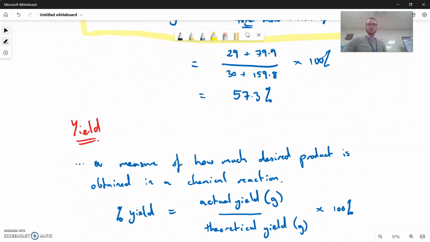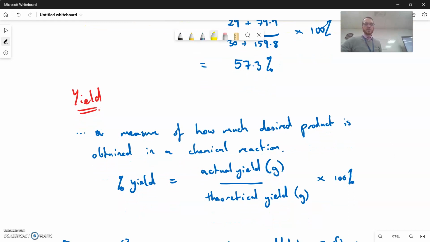So yield is a measure of how much of the desired product is obtained in a chemical reaction. Again, I'm going to look at it from a percentage point of view. So percentage yield is the actual yield, so the mass, could be volume, but mass or amount of mole, either are going to be related quantities, divided by the theoretical yield, that's our stoichiometric proportions, multiply it by 100%.